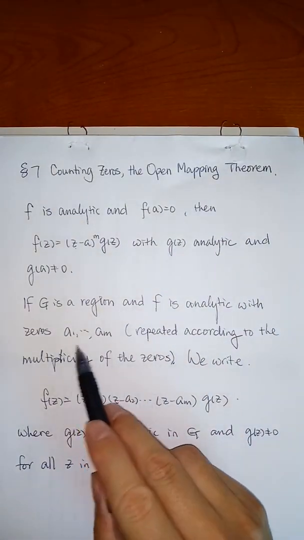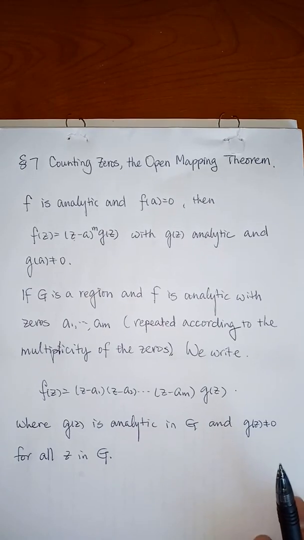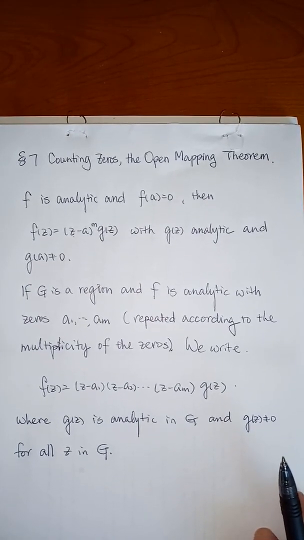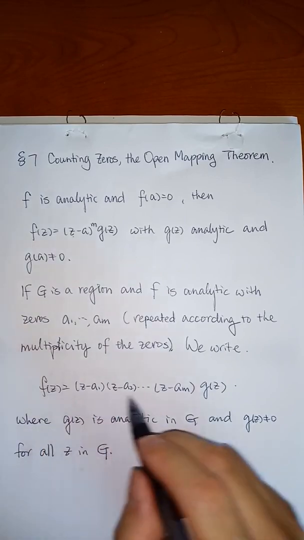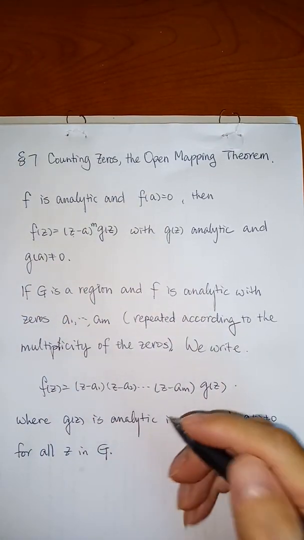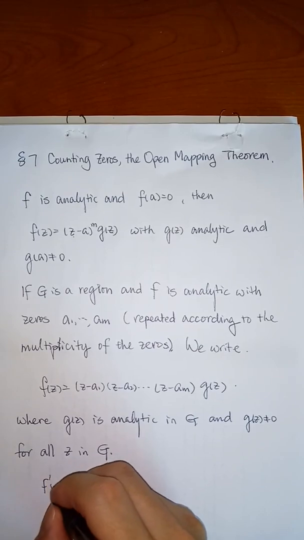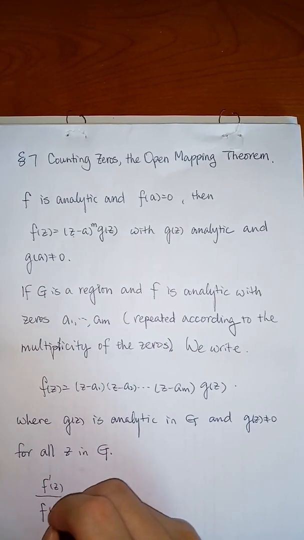So here, let's just assume there are finitely many zeros. If this happens, then we can differentiate f. Then you will have a product rule, and we form the ratio between f prime and f.